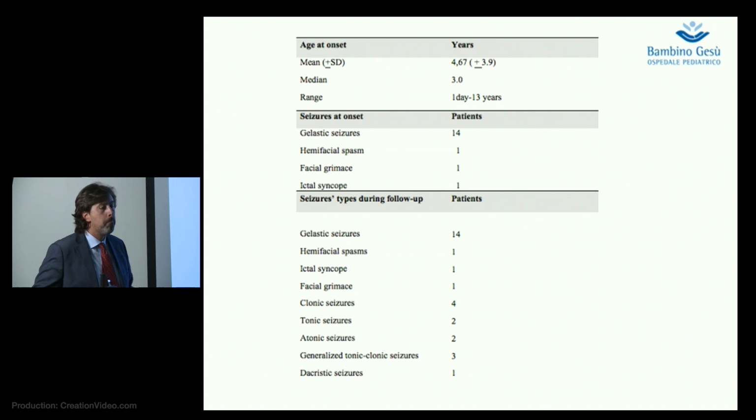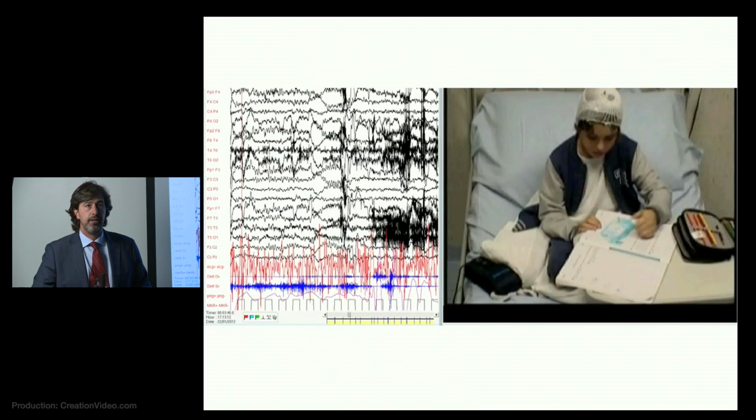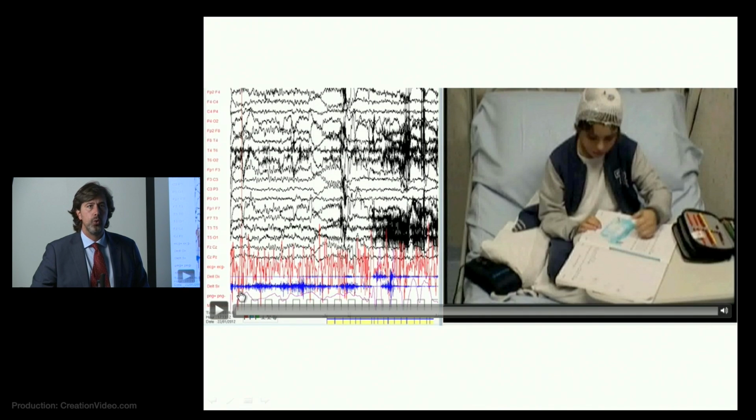At onset, most of the patients present with gelastic seizures, but during the follow-up, over the next months, some of the patients might present different types of seizures, and you can see here generalized tonic-clonic seizures, atonic seizures, tonic seizures, clonic seizures. This is the evolution of the syndrome, the evolution of the clinical findings, which we will go through now.